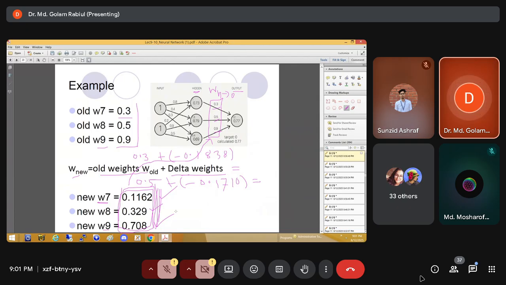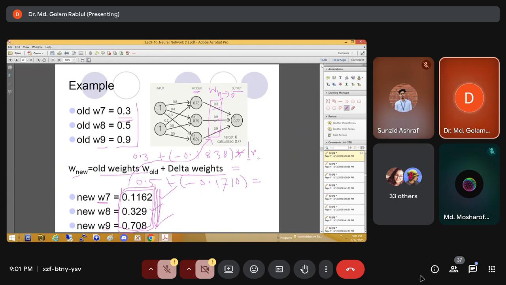So here we apply those delta changes, and we got those values. One thing I need to mention here: we can see that the delta weights we have directly subtracted from the original weight, but sometimes we utilize the learning rate here. So that means instead of subtracting the full delta, we multiply these values with the learning rate, LR. So that means delta weights times LR.